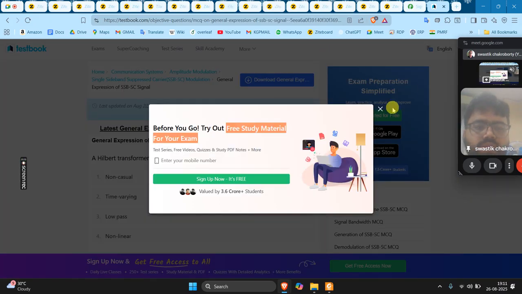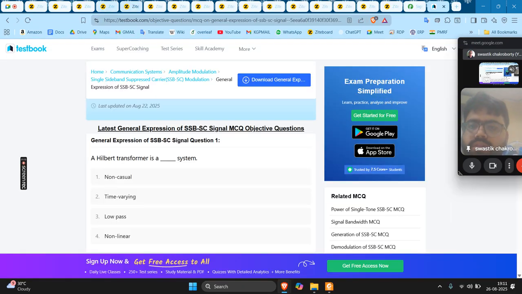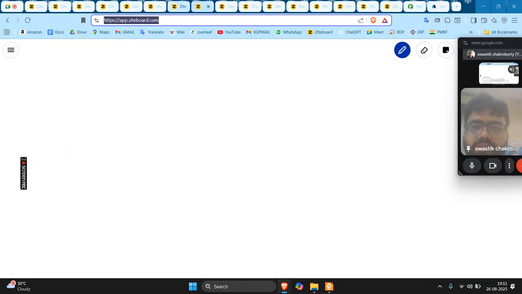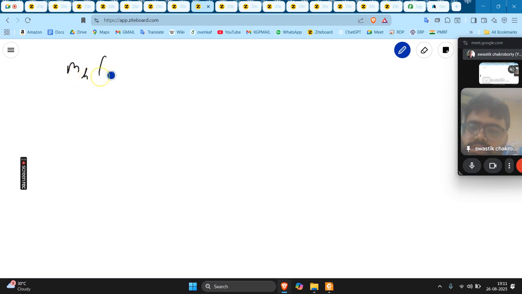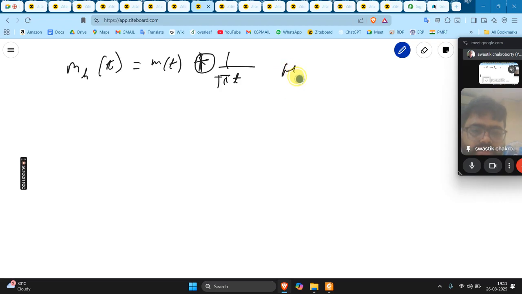Now for that we need to first tackle what a Hilbert transform is. We have defined it in terms of phase shift by 90 degrees. But another way to define the Hilbert transform is m_h(t) equals m(t) convolved with 1 by pi t. So when you convolve the signal with 1 by pi t, what you get is the Hilbert transform.